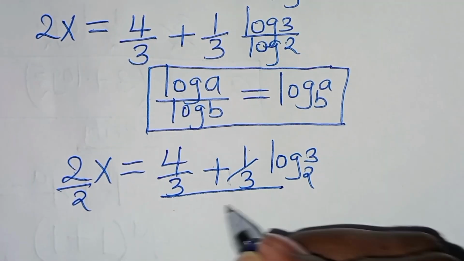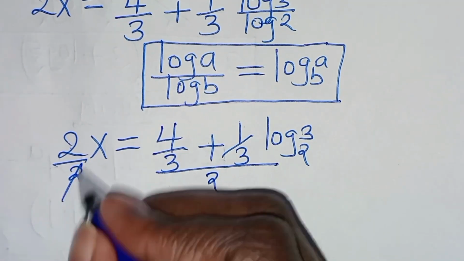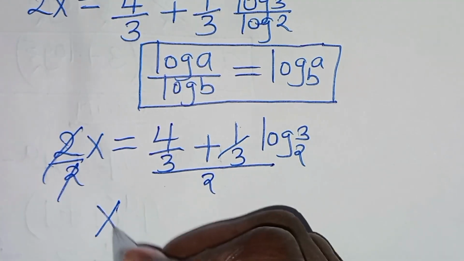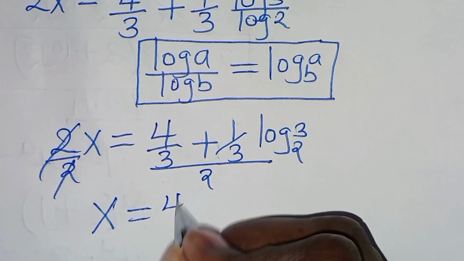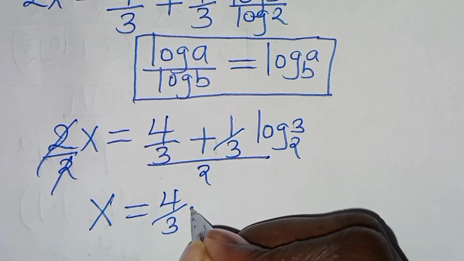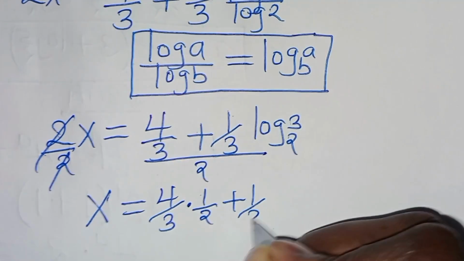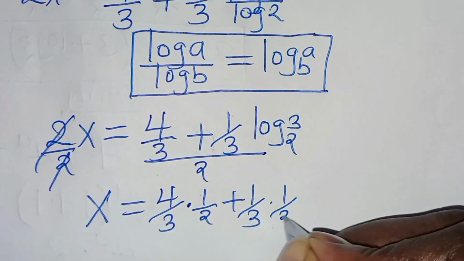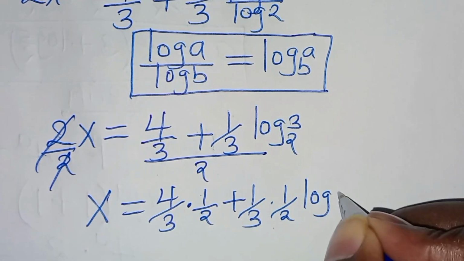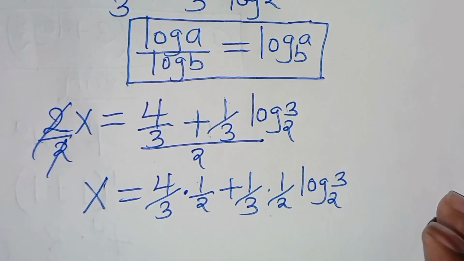So let's divide here by 2, so that now we can express x as, this is the same thing as 4 over 3 multiplied by 1 over 2 plus 1 over 3 multiplied by 1 over 2, then log 3 to base 2.